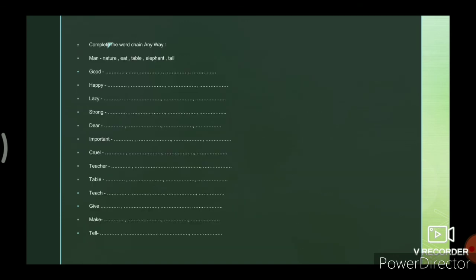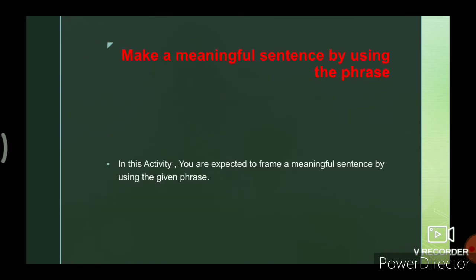Just you have to pause the video and solve all these examples. These examples are more important. Students, in this way you complete your first question A.